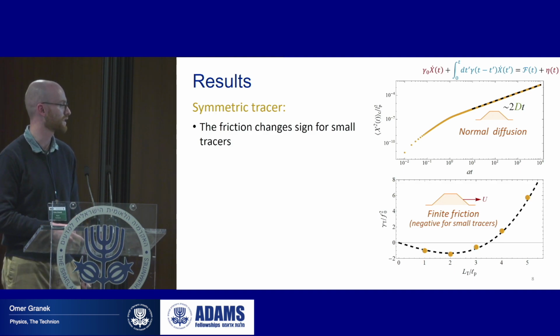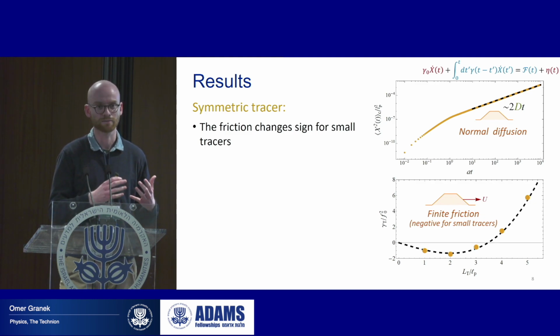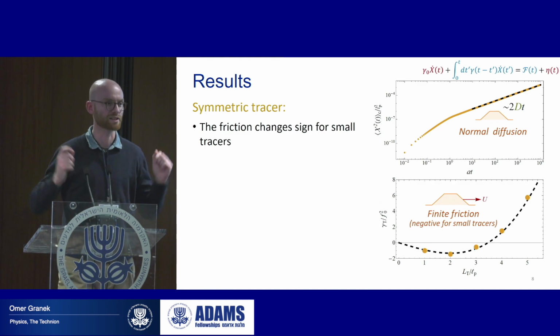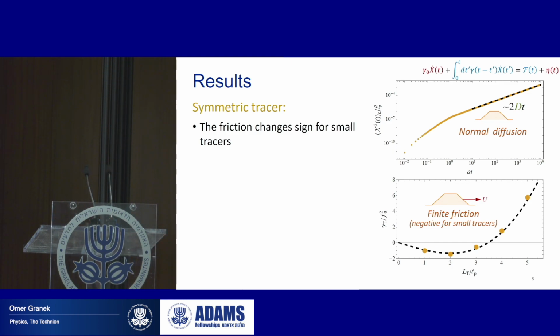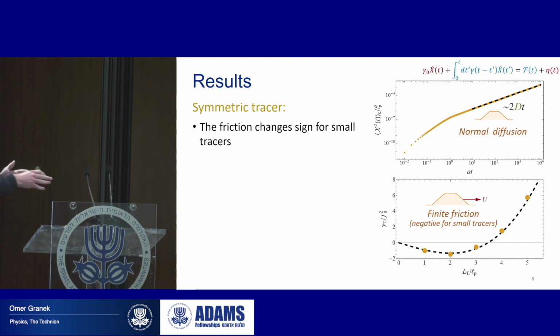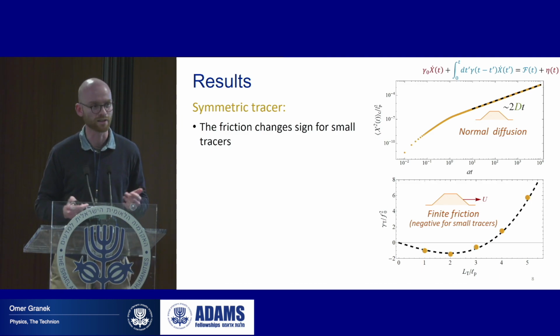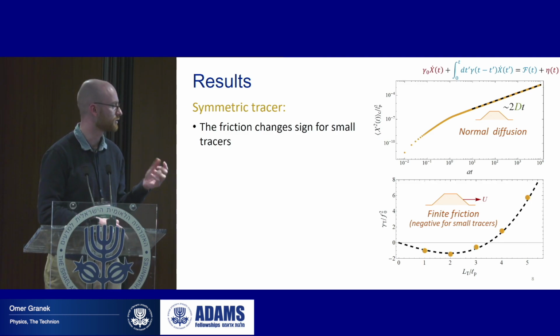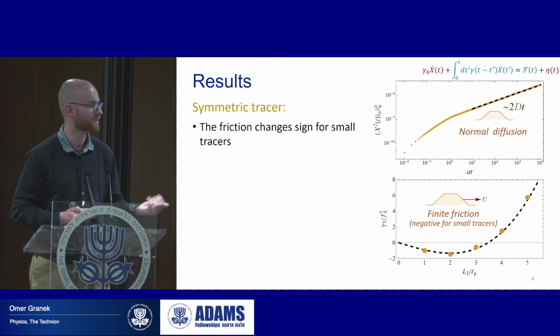We see this when the tracer size is small compared to the average distance a particle traverses before completely forgetting its previous velocity. So you should think of these particles: they walk, and every now and then they change their direction. There is some average distance that they travel before completely randomizing their velocity. This is called the persistence length scale.